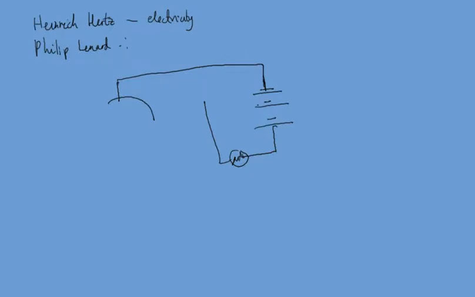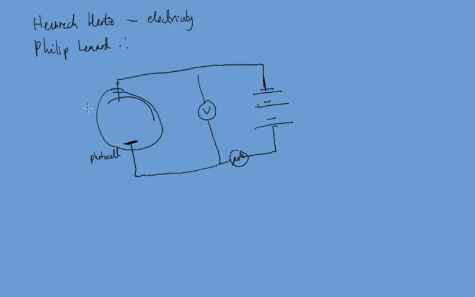This is a terrible circuit diagram. And then here we have, again, it's very similar to what we had just now. So this is a photocell, which incidentally is the same principle as what we have in solar panels today.